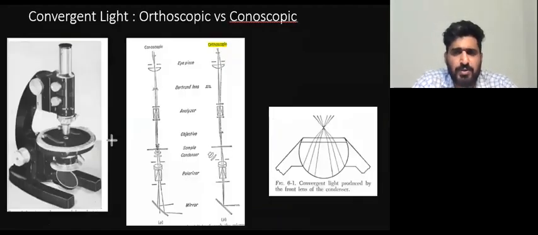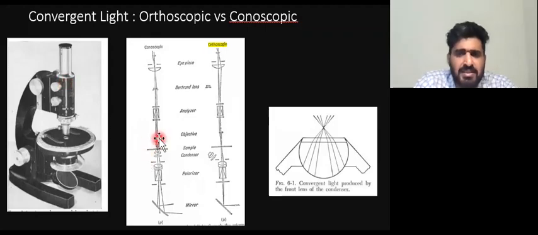This is a petrological microscope in which we have an option of two different arrangements for study of minerals under thin section. This is the normal arrangement, where we can see the light comes reflected from the mirror. That is what's being shown over here. This is the polarizer. So light passes through the polarizer, generating the polarized light.